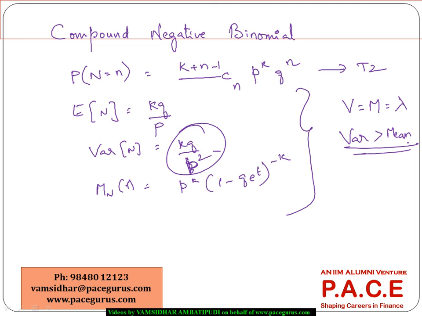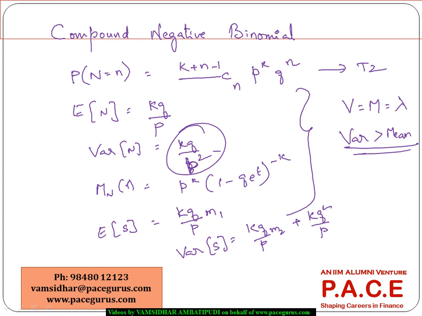So generally, whenever in a sample we see that the variance is in excess of the mean, probably a compound negative binomial is what will become handy for us. Now again, using this, if I am more interested in finding out the expected value of S, it is nothing but kq by p times m1. The variance of S, again we can simplify, becomes kq by p times m2 plus kq squared by p squared times m1 squared.